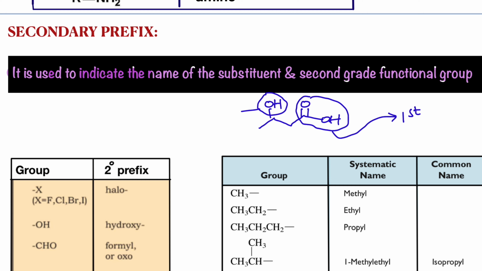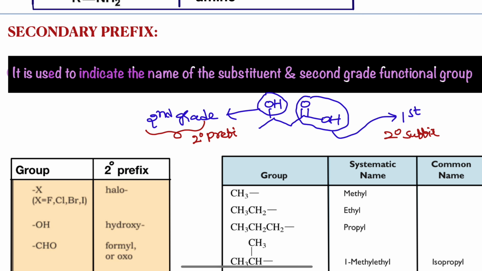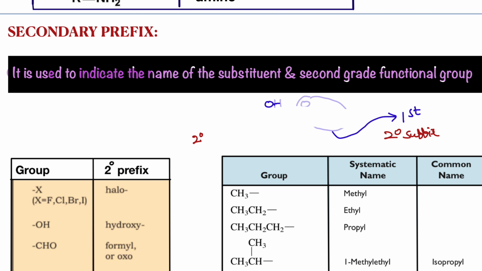Alcohol receives less priority, therefore it is a second grade functional group. In case of a first grade functional group, we use secondary suffix. In case of a second grade functional group, we use secondary prefix. So that is the difference I just wanted to give.